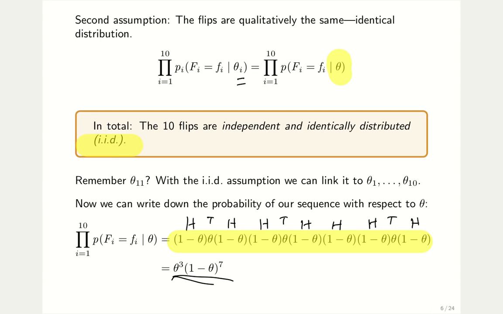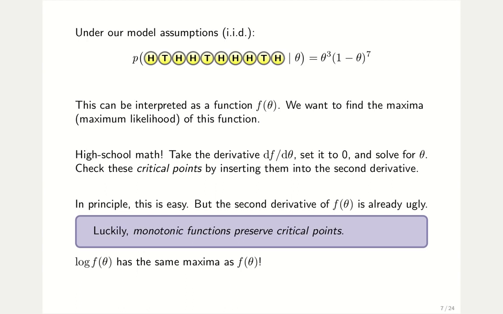So by these very broad and very intuitive assumptions, IID, we simplified our likelihood to the point where we can start optimizing for the parameter theta. So let's summarize. We've introduced two model assumptions, independence and identical distribution. And it turns out that this simplifies our likelihood greatly to a fairly simple polynomial.